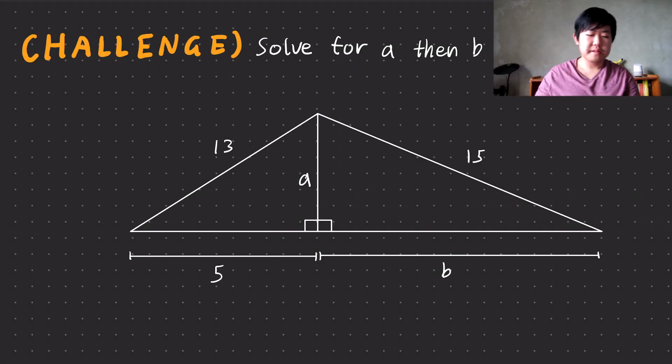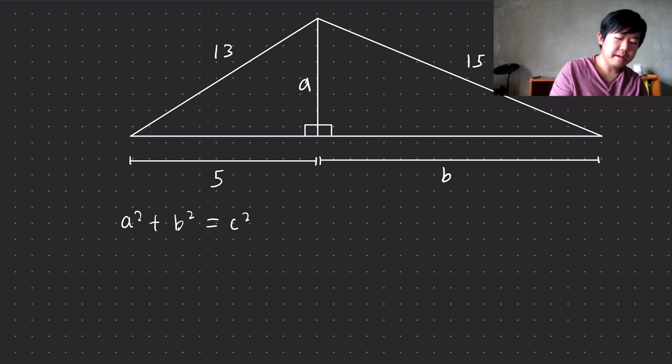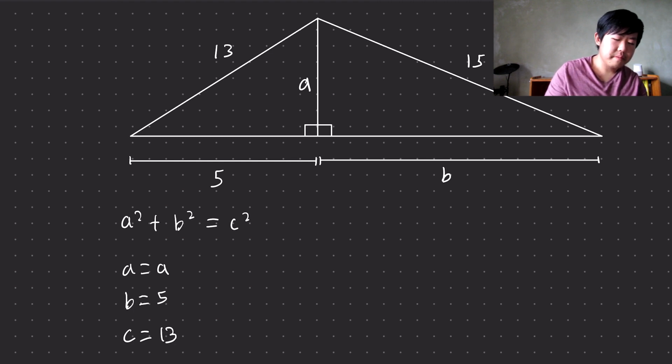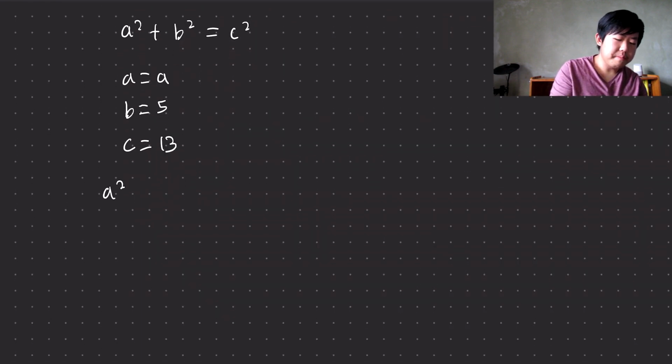Here are the solutions. So A squared plus B squared equals C squared. So the first one, we have A as A, and then B as 5 and C is 13. And so we now do A squared plus 5 squared equals 13 squared. And then A squared will be equal to 13 squared minus 5 squared.